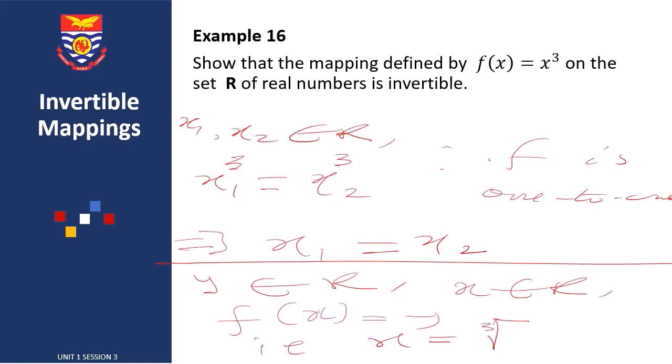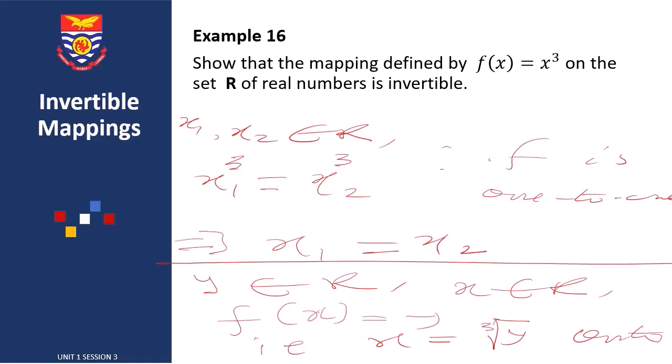In that instance, we can say that the function is onto. Once we conclude that the function is onto and 1 to 1, then we can say that the mapping f is invertible.